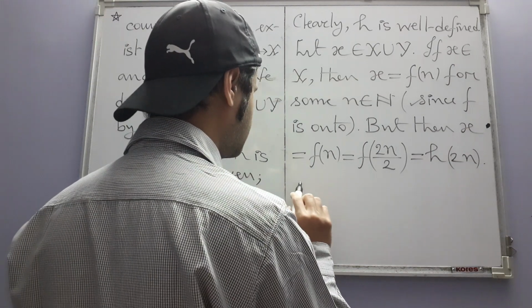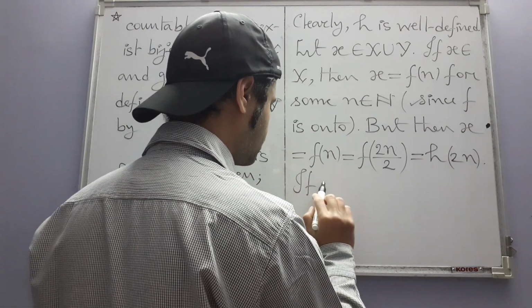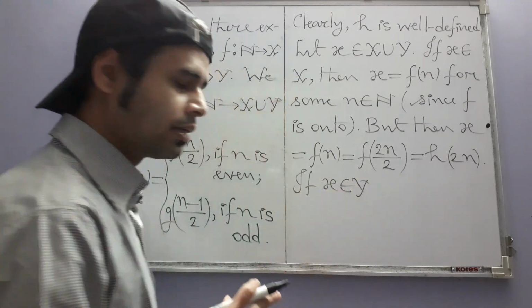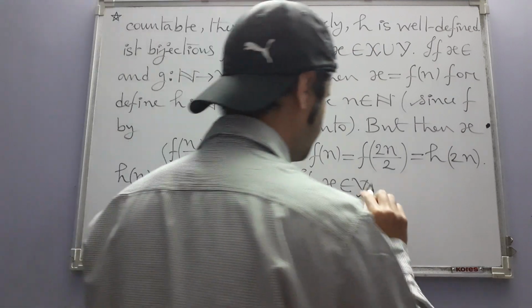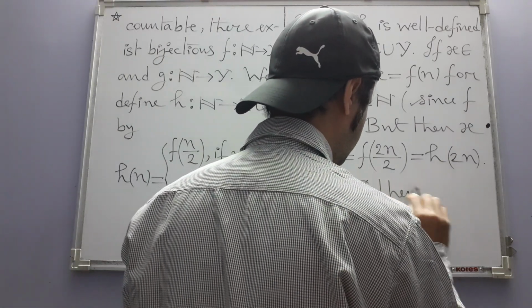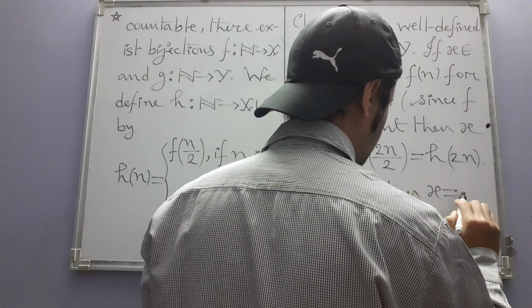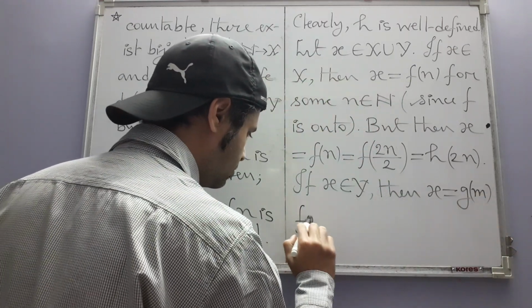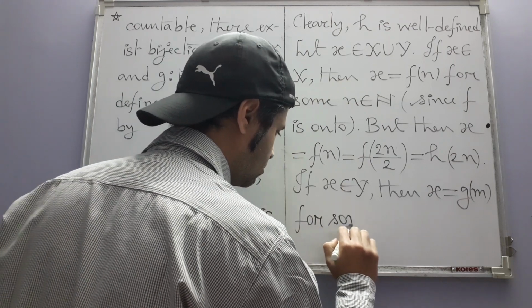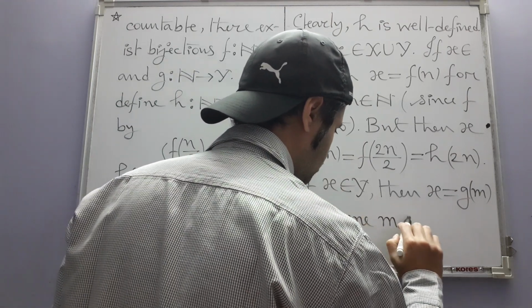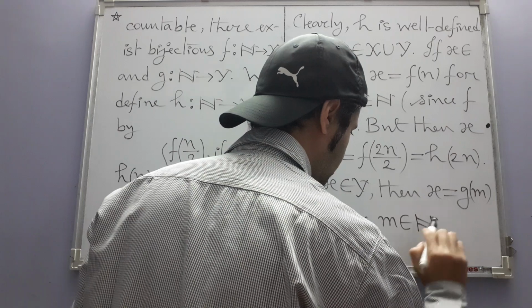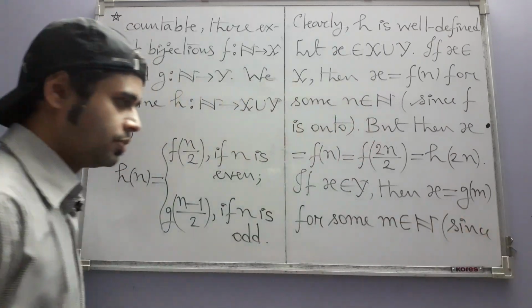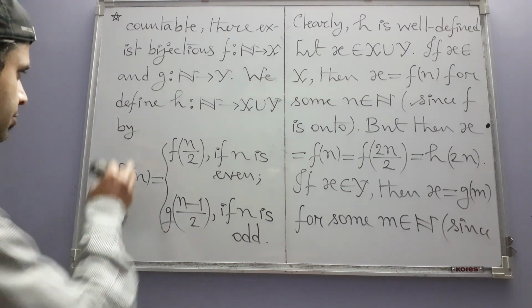On the other hand, if x belongs to Y, then we do a similar thing with g, like this. Then x is equal to g of m for some natural number m, again since g is onto, just like f.